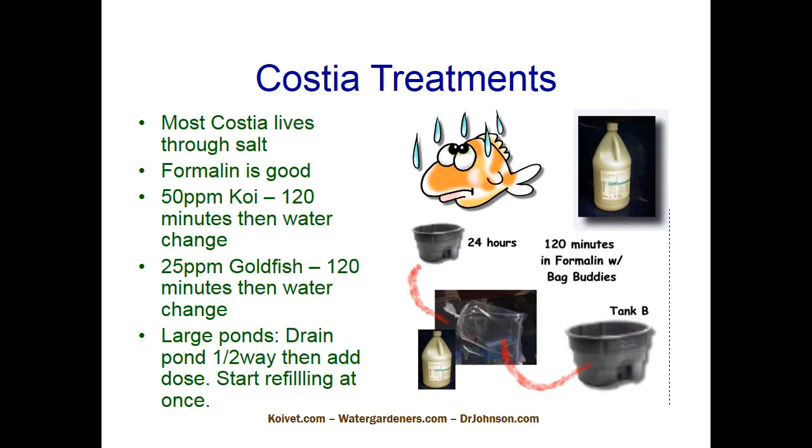Now, there are other treatments: potassium permanganate, chloramine T, and copper all have a tendency to work on Costia. I don't like copper in fresh water. Copper can be, under quite a few circumstances, very unstable and result in copper toxicity. Seachem manufactured, if they don't still, a chelated or aminated copper.